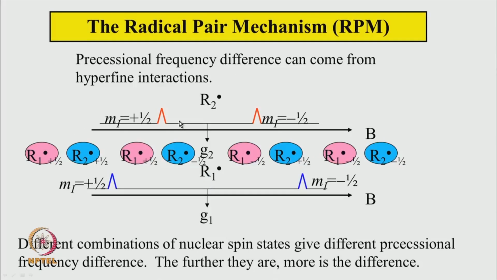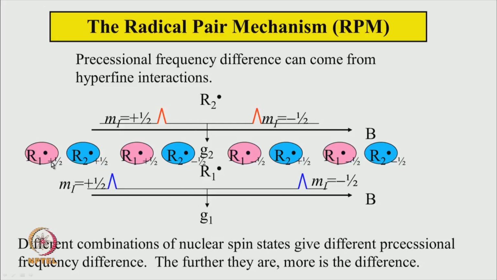We can extend the argument further and say, let us say R1 and R2 both have hyperfine lines. This is also a doublet and R1 also is a doublet of a different value. So, this is the smaller coupling constant, this is the bigger coupling constant. Now, there are 4 possible arrangements for the radicals when they encounter each other.